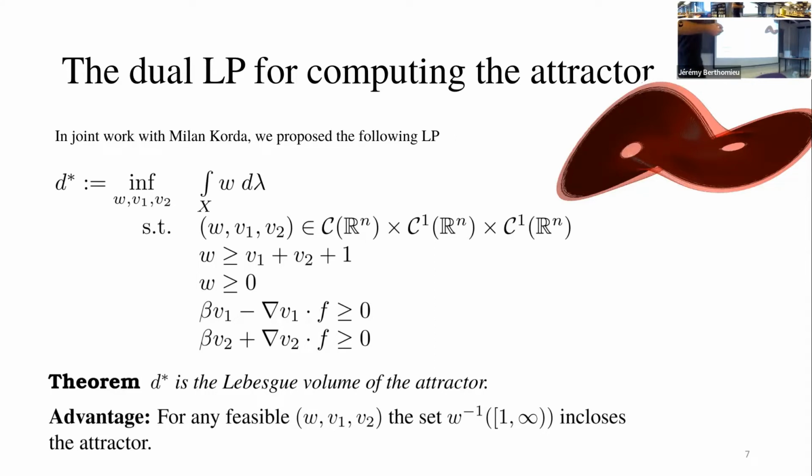And even better, if this triple gets optimal, and the corresponding cost converges to the optimal value, then this enclosure gets closer and closer to the attractor and converges to it with respect to the Lebesgue measure discrepancy. And this is exactly how we were able to compute such pictures. What you see in black is the attractor of the so-called Lorenz system, and the area in red around it is what we obtained by looking at such a super level set.